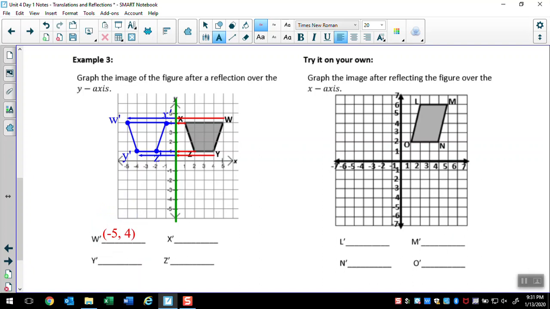X prime was -1, 4. Y prime was -4, 1. And z prime was -2, 1.